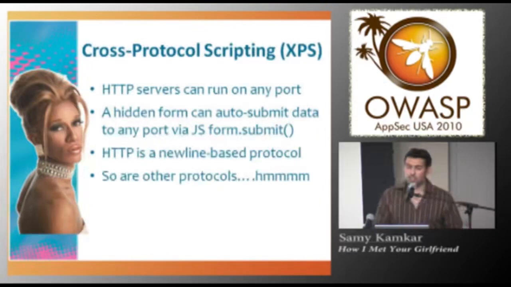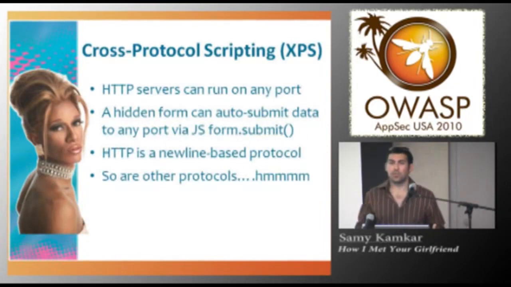So let's learn about something called cross-protocol scripting really quickly. Cross-protocol scripting is an interesting thing that gained some recent coverage. Basically, it's how you can use a web browser to communicate with a different protocol that the browser doesn't even know how to communicate in. For example, HTTP is a new line-based protocol.